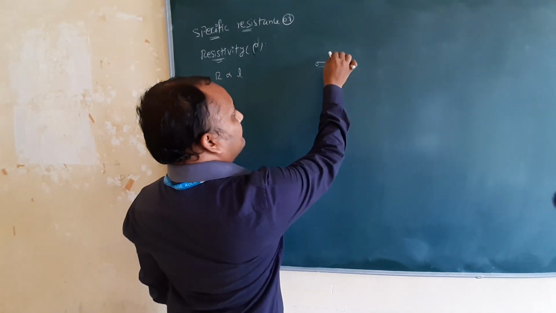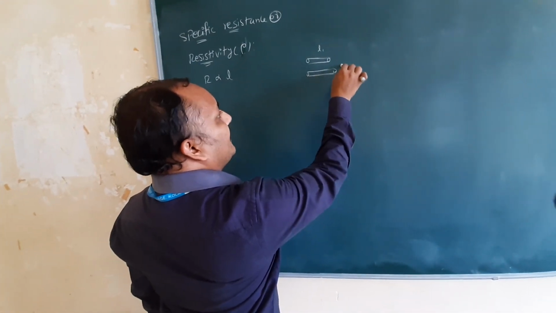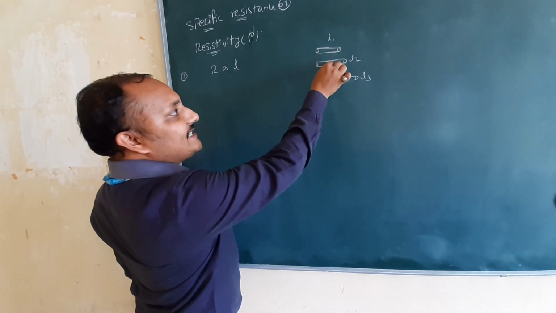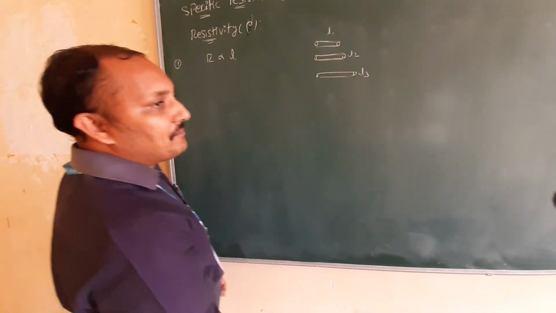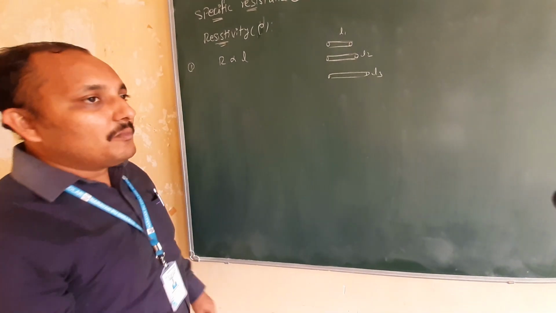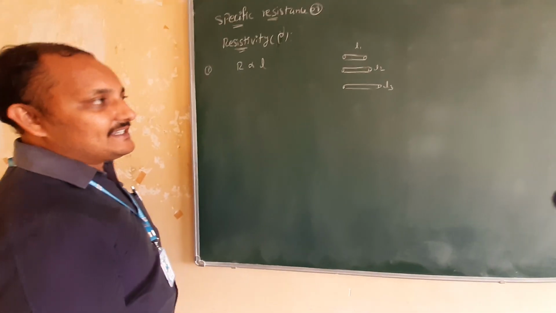This is a conductor of length L1. Next, another conductor of length L2. If you are increasing the length, the conductor which has more length will have more resistance. Resistance is always directly proportional to the length of the conductor.